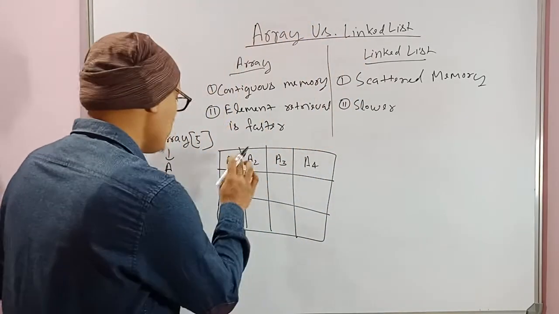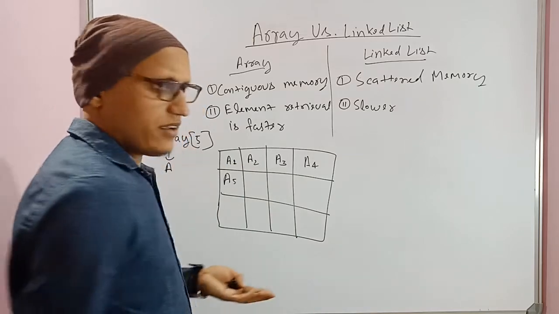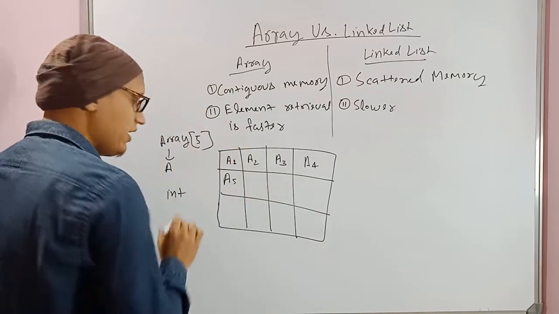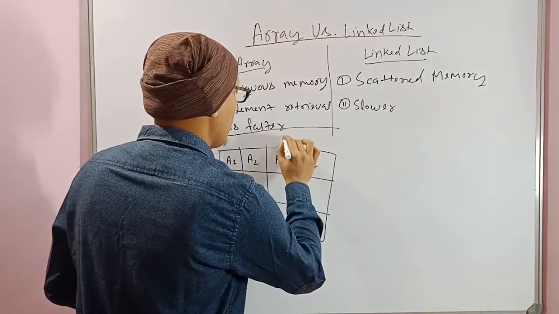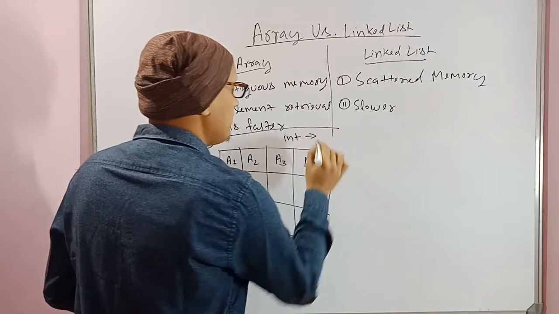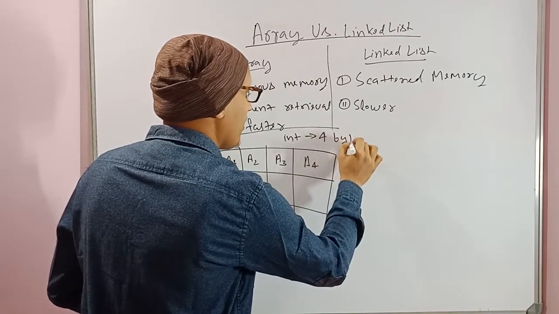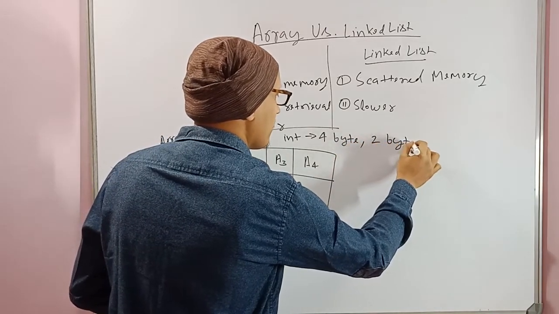Now, if we talk about the integer int data type, in Java it takes 4 bytes. In C, I think it takes 2 bytes.